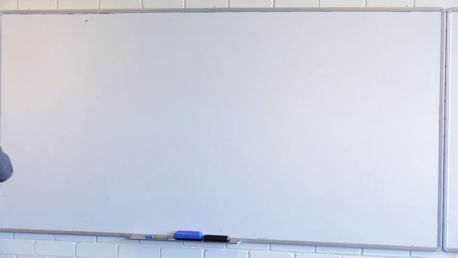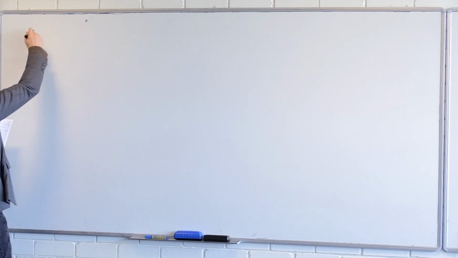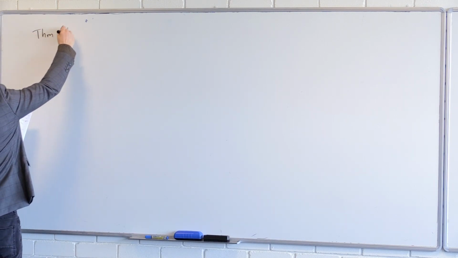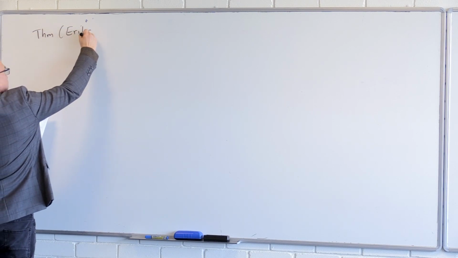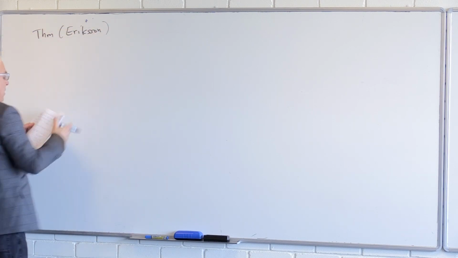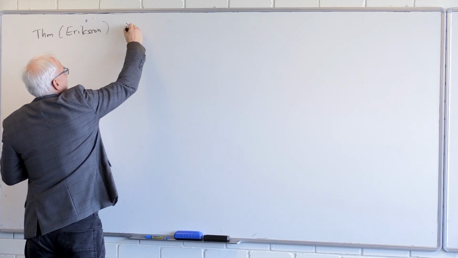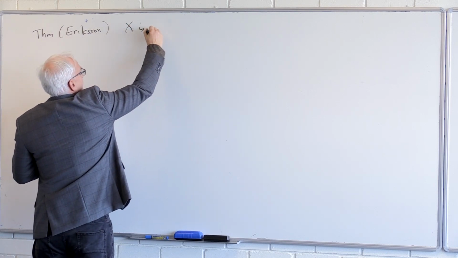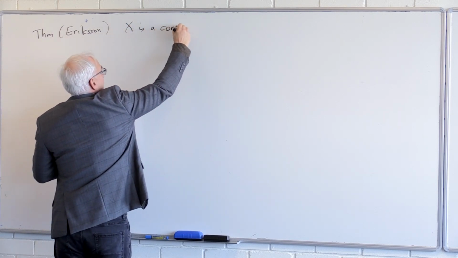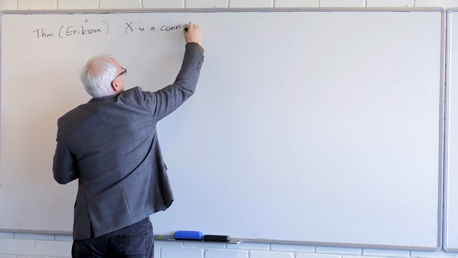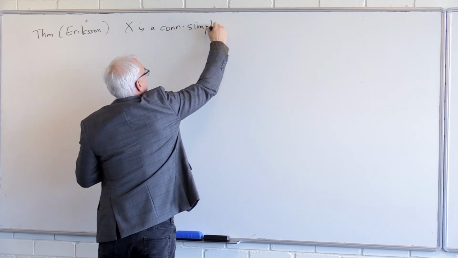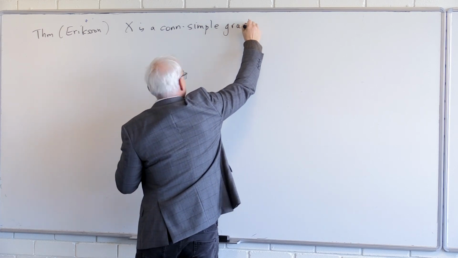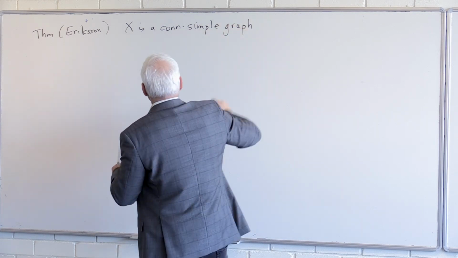Okay, so here is a theorem of Eriksson. Lovely theorem. So X is just a connected simple graph, although actually one can jack this up to directed graphs, but we're not going to.